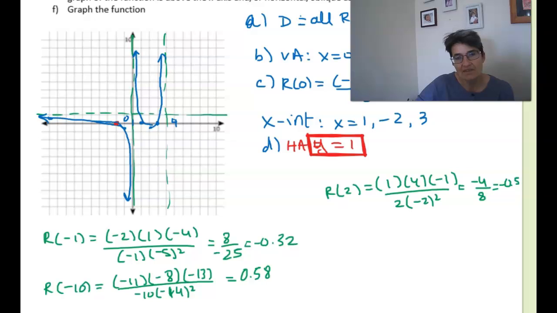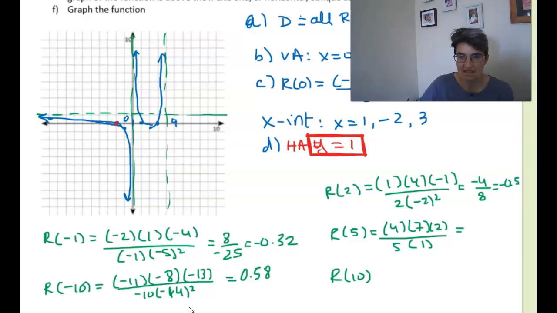Alright, now in this region, let's have x is 5 and also x is 10. So 4 and 7 and 2 divided by 5 times 1 squared. So 28 times 2, 56 divided by 5. This gives me around 11.2.